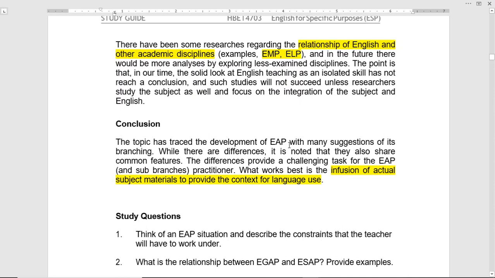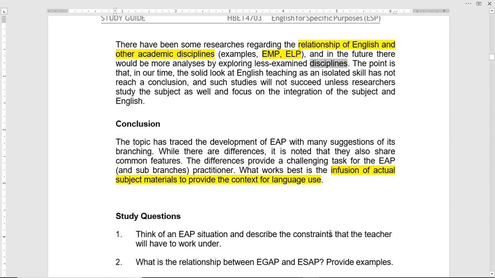So there have been some researches regarding the relationship of English and other academic disciplines, like English for medical purposes, English for legal purposes. In the future, there will be more analysis by exploring less examined disciplines. The point is that in our time, looking at English teaching as an isolated skill has not reached a conclusion.